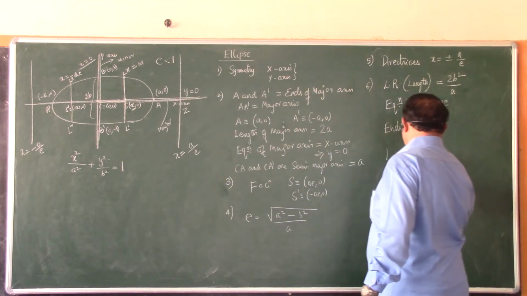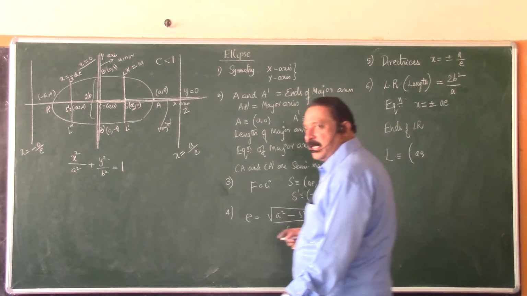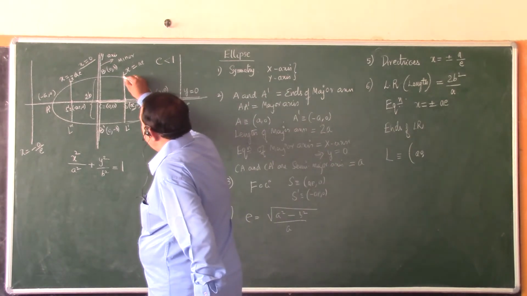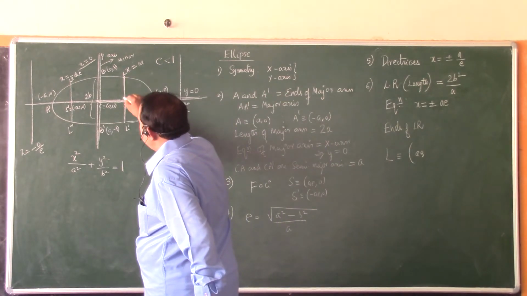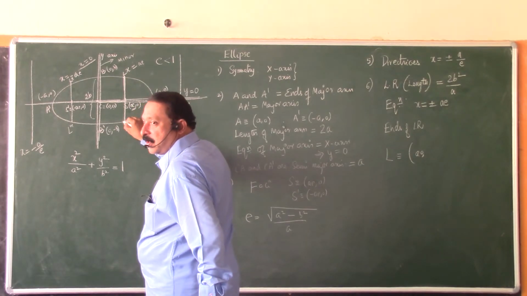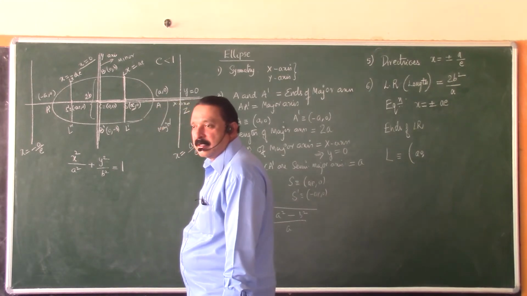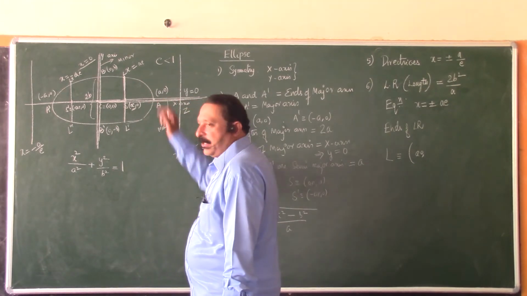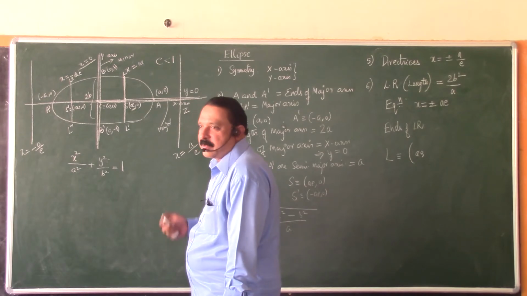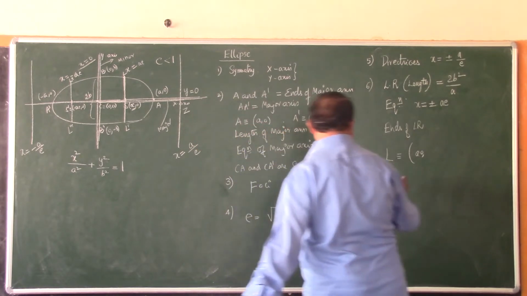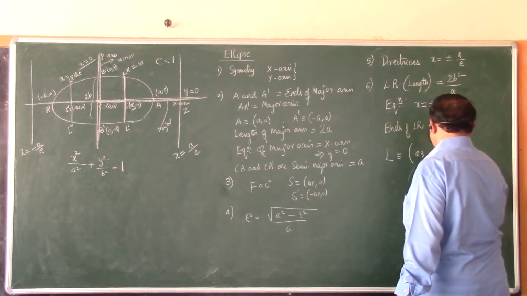So the x coordinate of the first latus rectum is ae. And what is this distance? SL. What is the total distance LL dash, the length of the latus rectum? 2b square by a. And half of it is just b square by a.